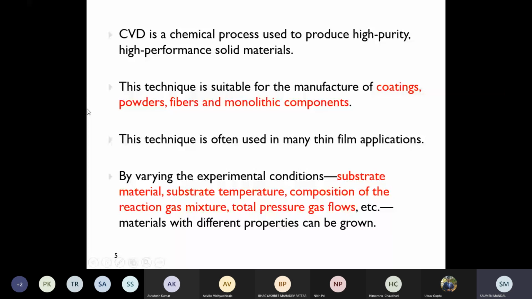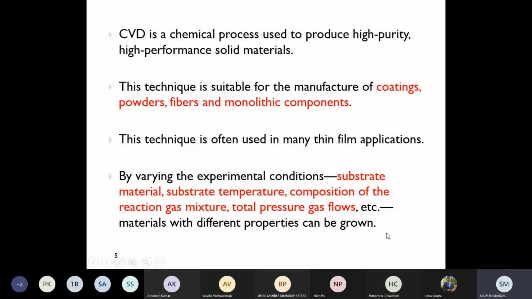And what are the parameters? Substrate material, that is very important. Substrate temperature, composition of the reaction gas mixture. The precursor should compulsorily be in gaseous form, and then total gas pressure or gas flow. So gas pressure and gas flow are important parameters we need to keep in mind.